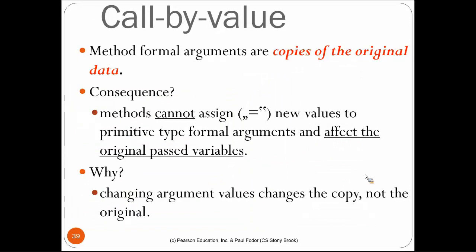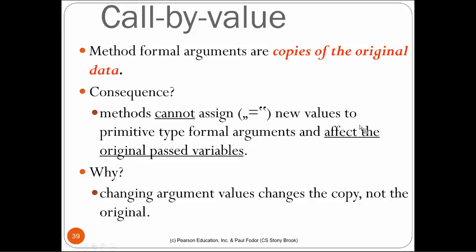Which brings us to the type of call that Java has, called call by value. Basically, the formal arguments inside the method are copies of the original data. The consequence is that if you assign new values to formal arguments of a primitive type, you affect the local formal arguments, but you do not affect the original passed variables.